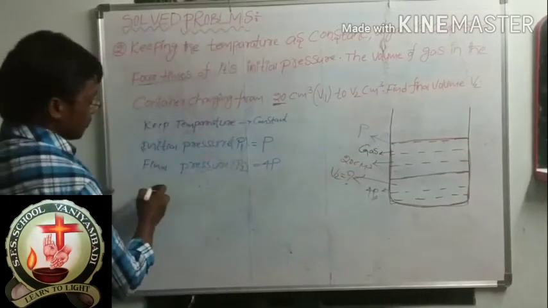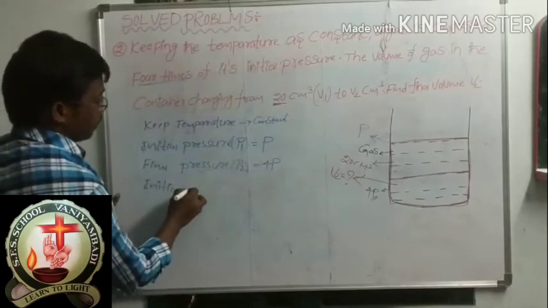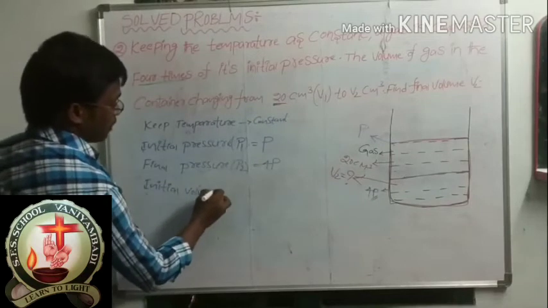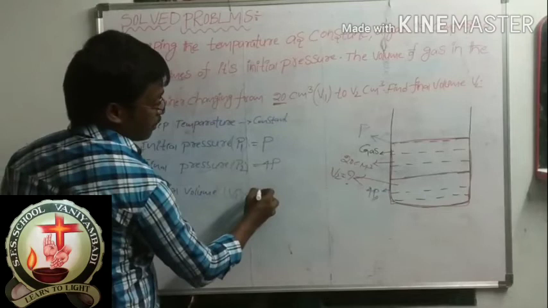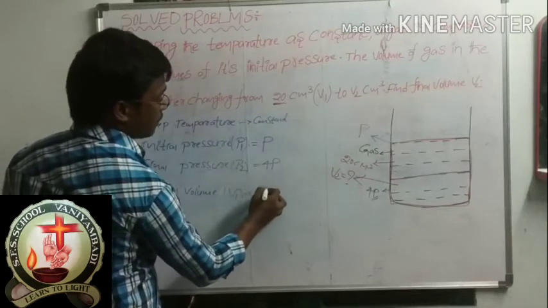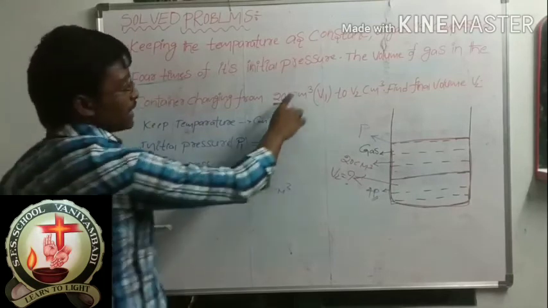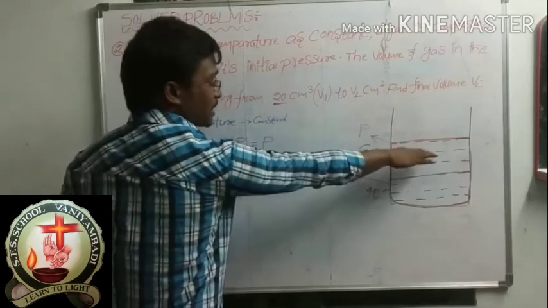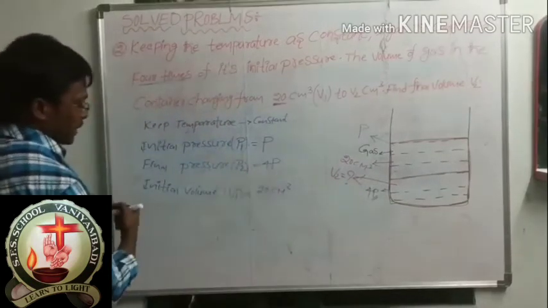Initial volume V1 is equal to, what is given? 20 centimeter cube. After compression, what is the final volume? V2. So we have to find that only.